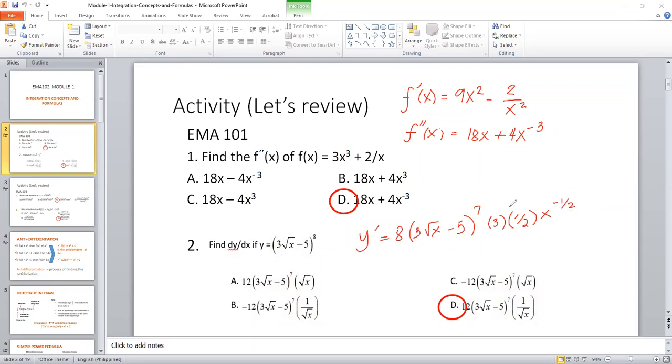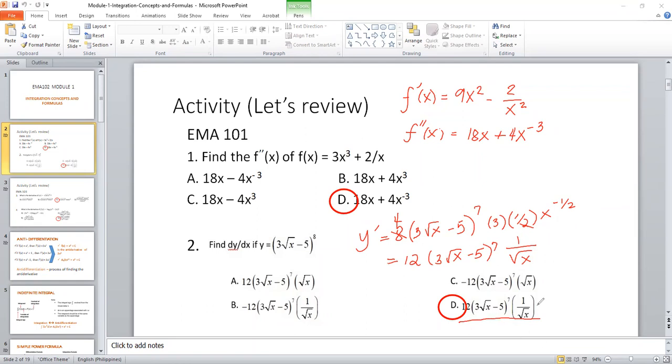So look, if we're going to process it, this 1/2 will cancel the 8 here, leaving it with the 4. So this 4 and this 3 will be multiplied. That makes it 12. And you copy that expression 3 square root of x minus 5 raised to 7. And this x raised to negative 1/2 is 1 over the square root of x. So this is your answer now.